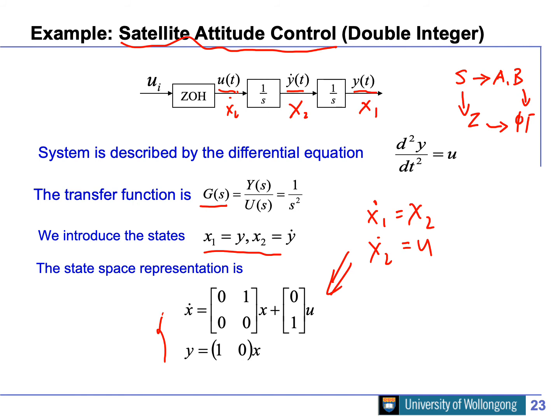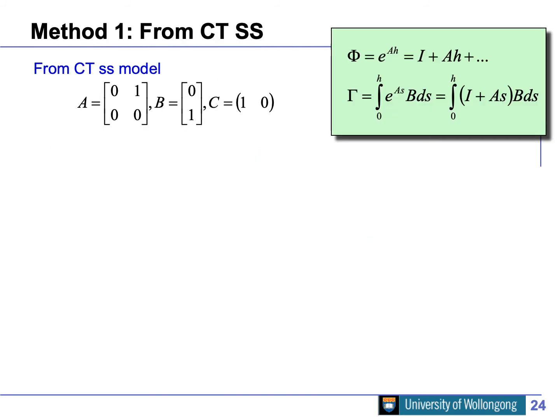From here, we get A and B and C. And based on this, we can get our phi and gamma. So we write down this A, B, C here. And these are the formulas we have for phi and gamma. So pretty much we just put this A, B in there and do the calculation.